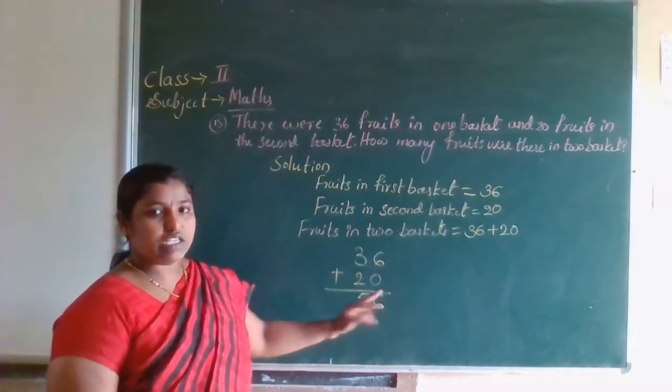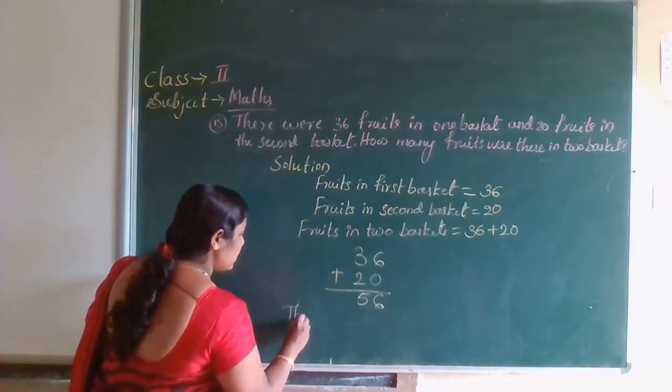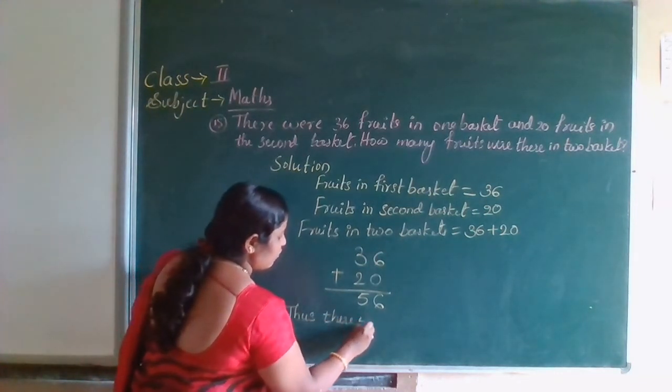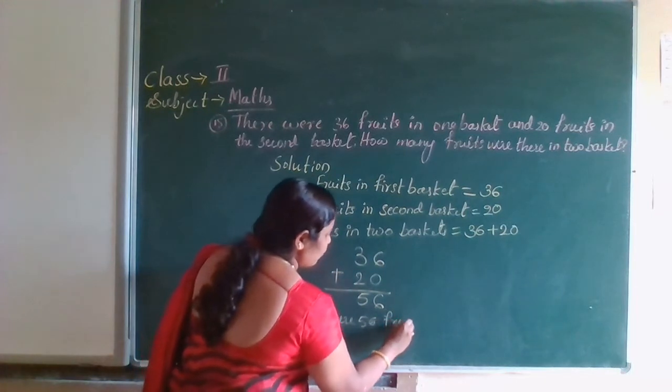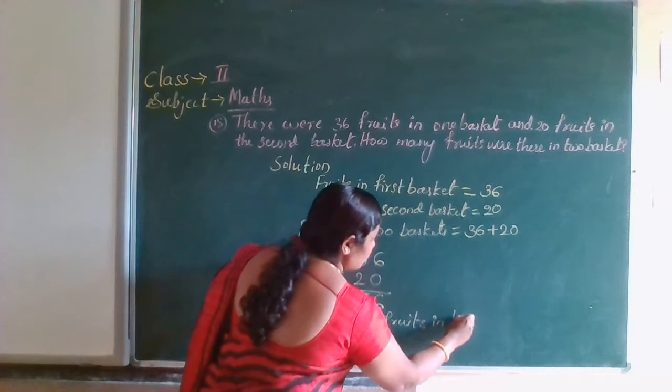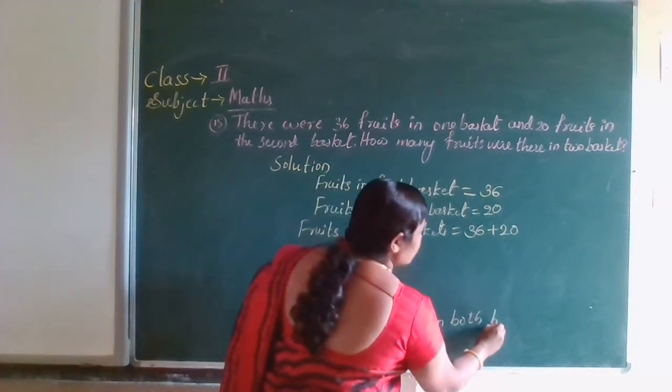So 56. So you have to write the answer. Thus, there are 56 fruits in both baskets.